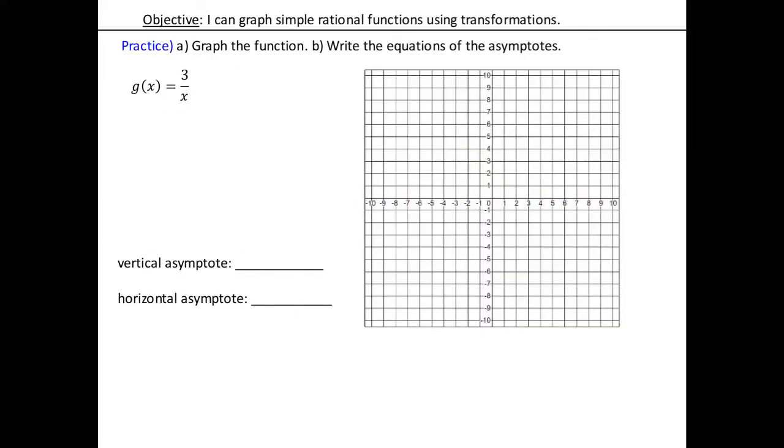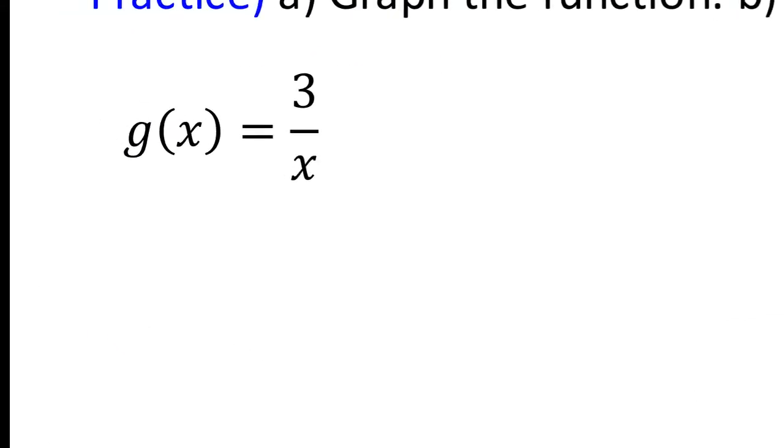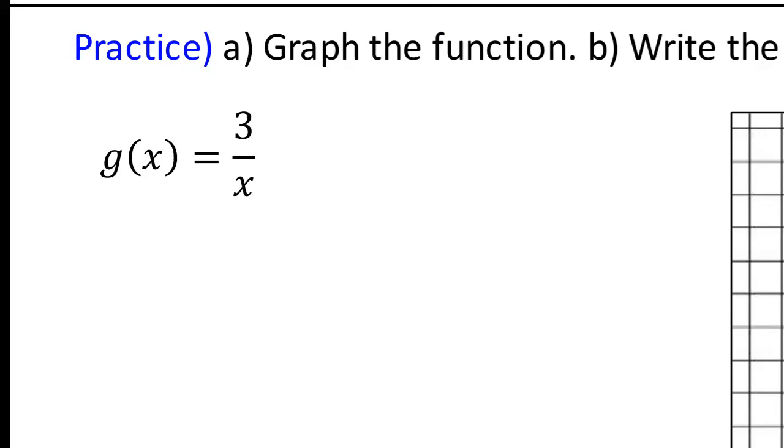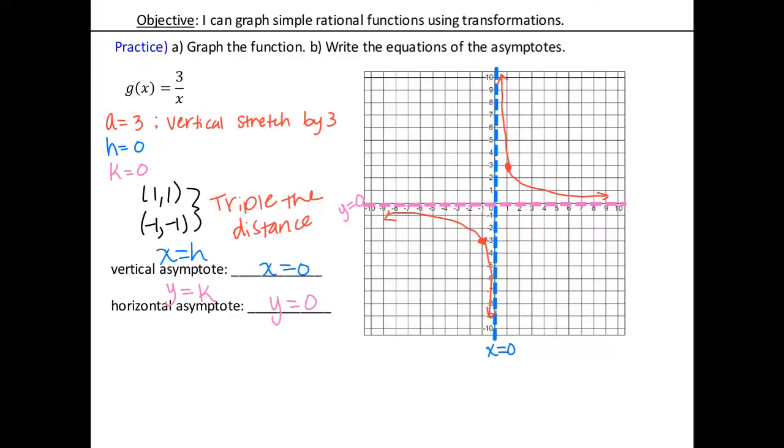That's why I was confused. Yeah, sorry about that. Okay, this one is a practice problem, so go ahead and try this one. g of x is equal to 3 over x. Okay, so double check what you got, but again, the distance was 3, so you should have a distance of 3 here and a distance of 3. So the distance from the asymptote should always be the same on both sides.